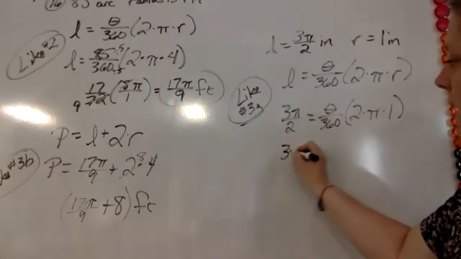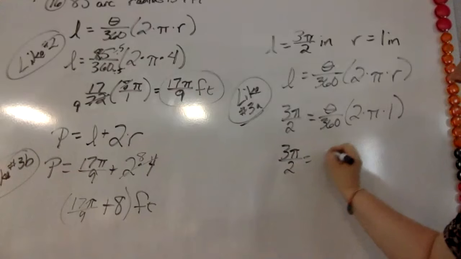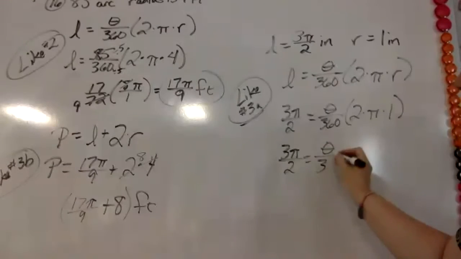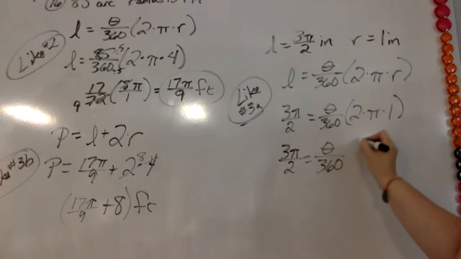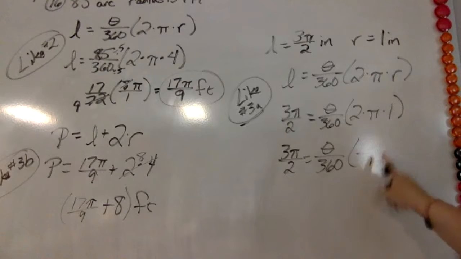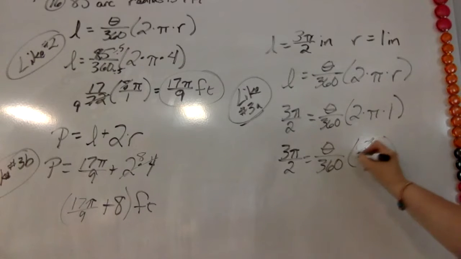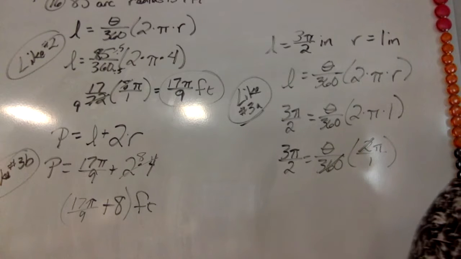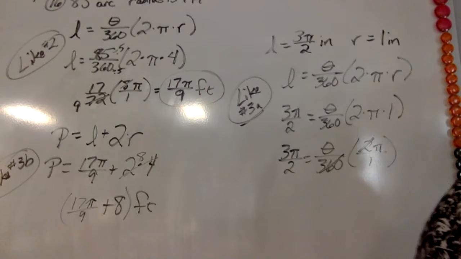Remember, this is going to be in the top over 1, I'll write it as a fraction, 2 times 1 is 2 pi. I'll look for something I can simplify first. Can 2 go into 360? Yes, 2 goes into 360.